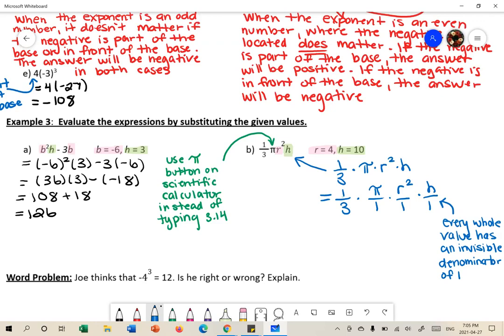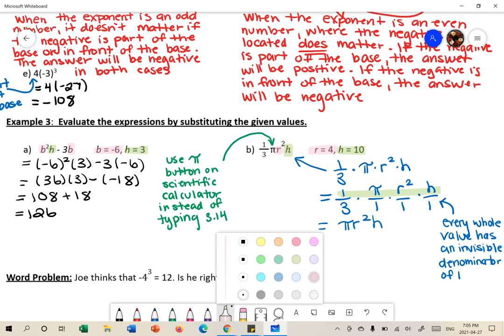Now that all of my values are fractions, it's easy for us to multiply the numerators together and then the denominators. Okay, so I'm going to multiply my numerators together. 1 times pi times r squared times h, which is equal to pi times r squared times h. I'm just going to eliminate the 1. We don't need to include it.